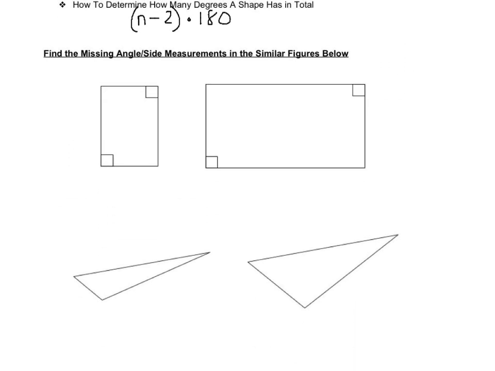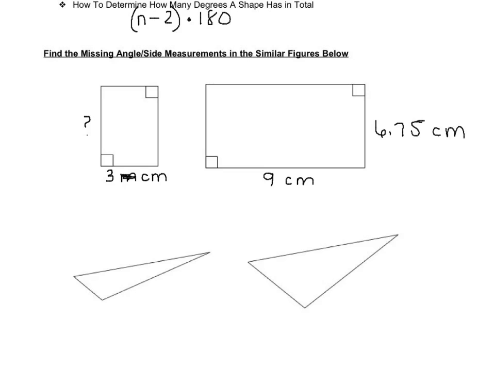My copy does not have the same information that yours does, so I need to fill this in. We know that our first rectangle ABCD has a length of 3 centimeters, and we are trying to find the missing value. And our larger rectangle has a side of 9 centimeters and 6.75 centimeters.